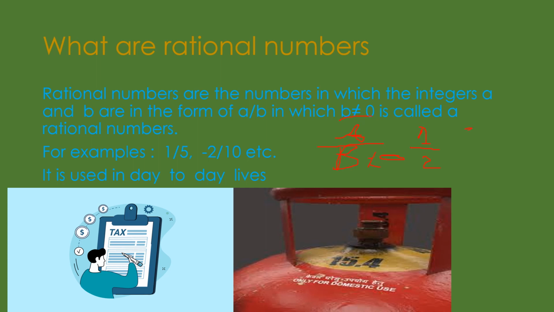For example, if you want to see 3 is a rational number, we can say 3 by 1. Or you can also use 0 by 1.